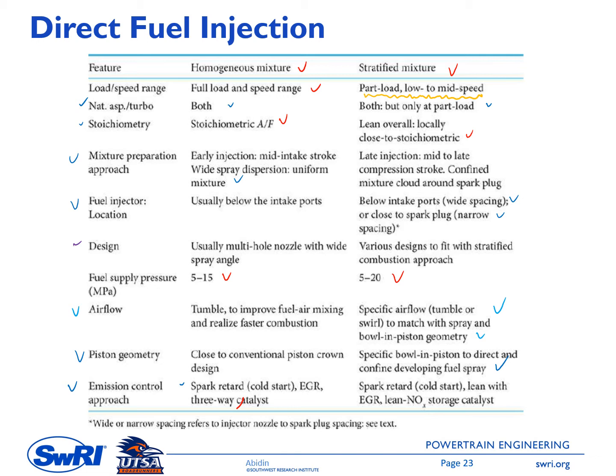In chapter 11 or 12, when we talk about emissions, we will see how temperature impacts NOx emission. For the stratified mixture, we also need to retard the spark, and then we can have a lean mixture combined with EGR. Lean mixture produces a lower combustion temperature, which is good for NOx emission. And then we can also have a lean NOx storage catalyst.